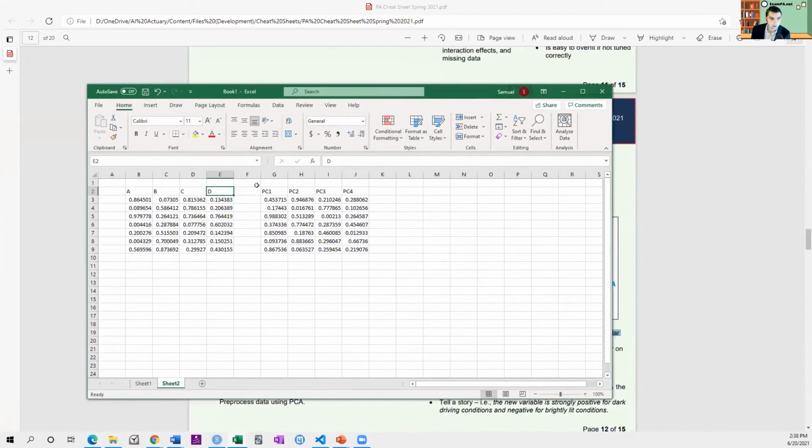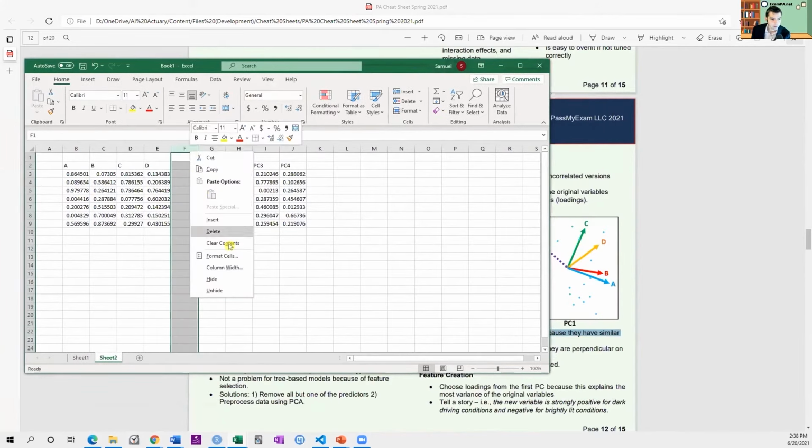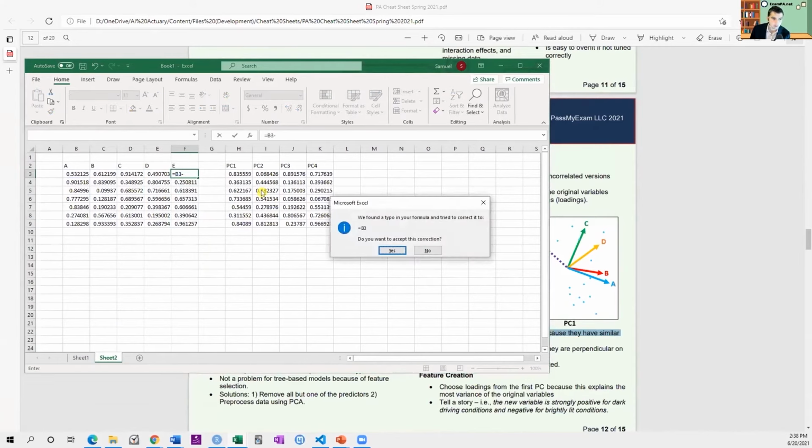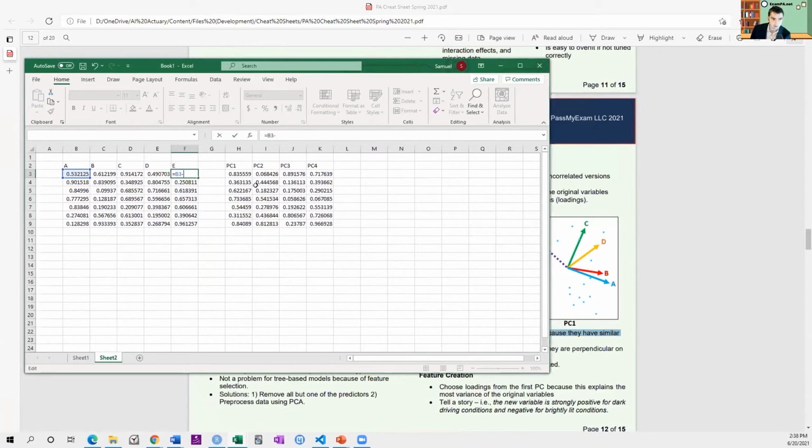Then there's an E here. This would be approximately negative A. Or think of it in terms of practical cases.